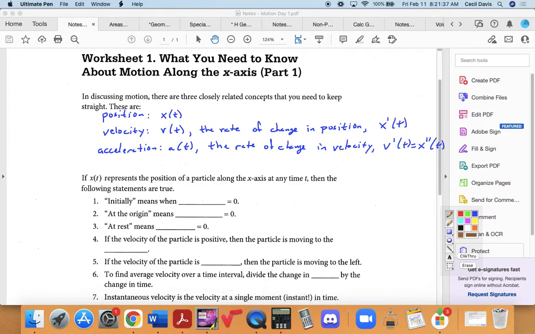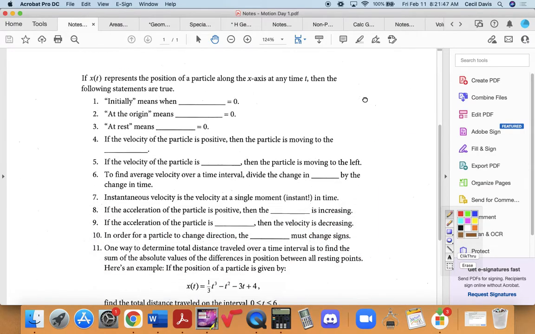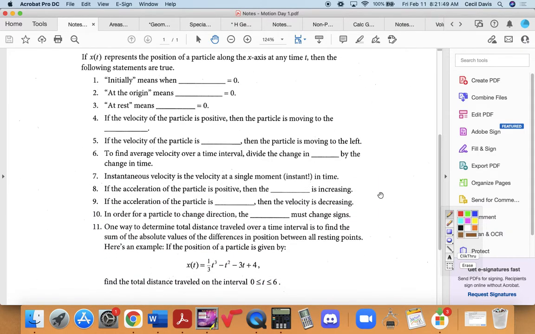So some other things that you'll see in problems. If the problem says initially, what does that tell you is equal to 0? All x of t? No. It means v of t? Nope. When you say initially, there's something that's equal to 0.